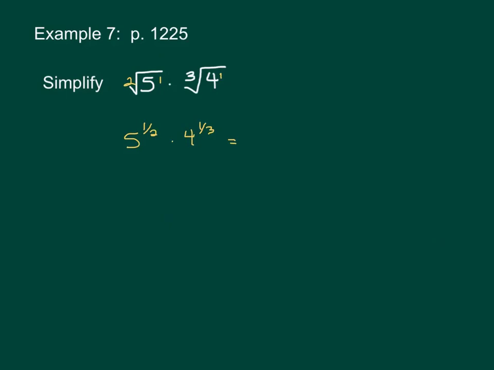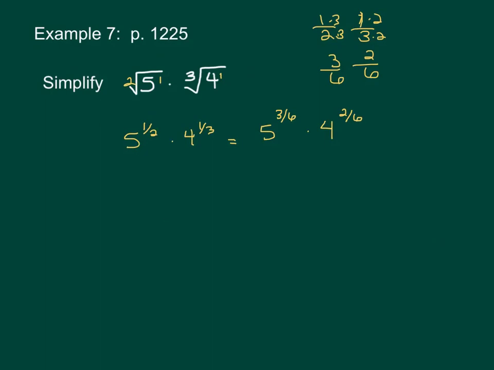So for 1/2 and 1/3, my common denominator would be 6. So 1/2 is 3/6, and 1/3 is 2/6. So this is going to be the same thing as 5 to the 3/6 times 4 to the 2/6.